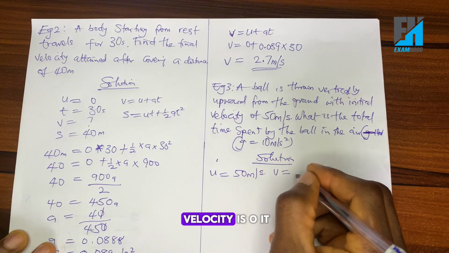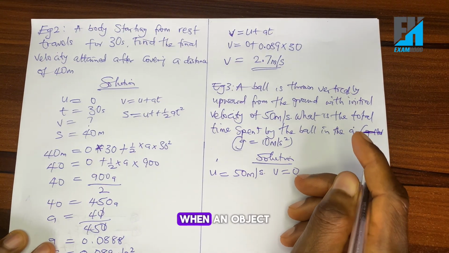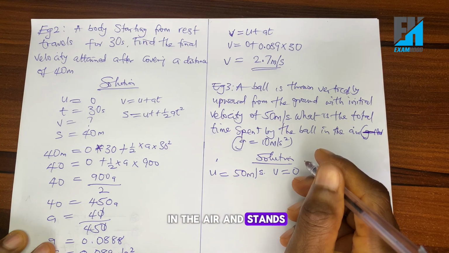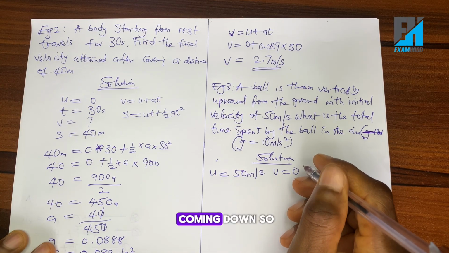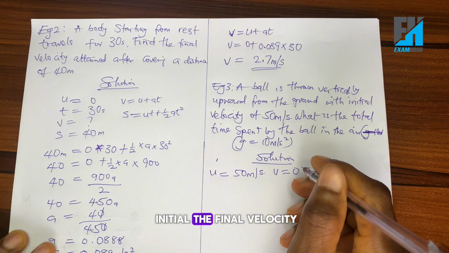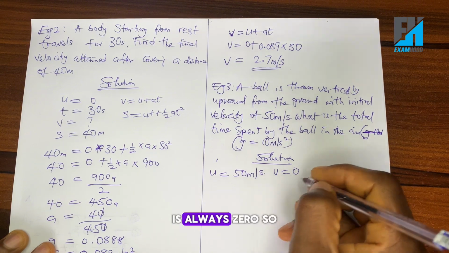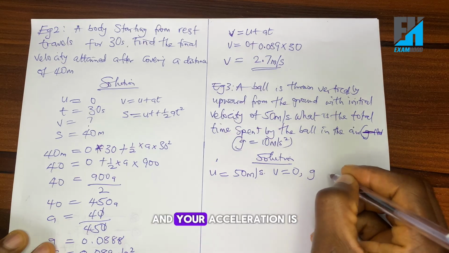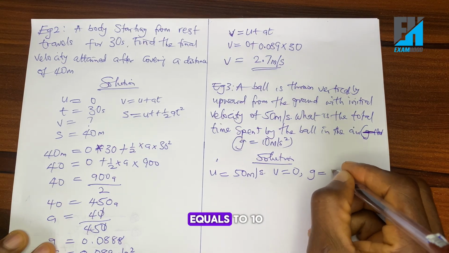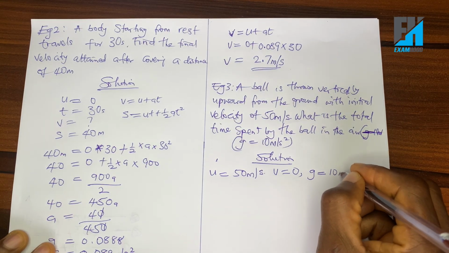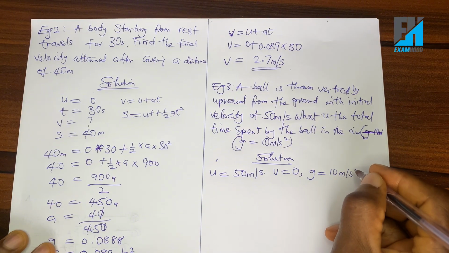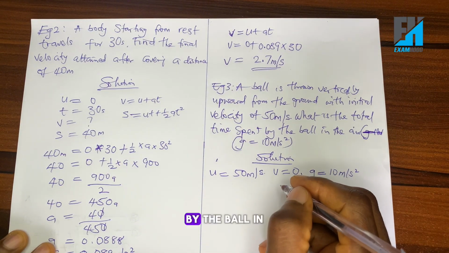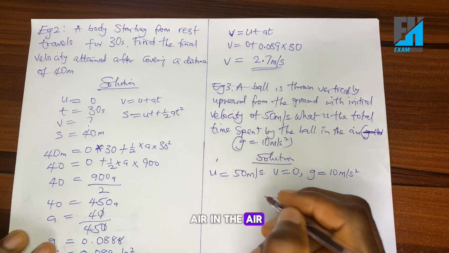Our final velocity is 0, because when an object is thrown up, it gets to a point in the air and stands still before it starts coming down. So at that point, the final velocity is always 0, and your acceleration is 10 meters per second squared.